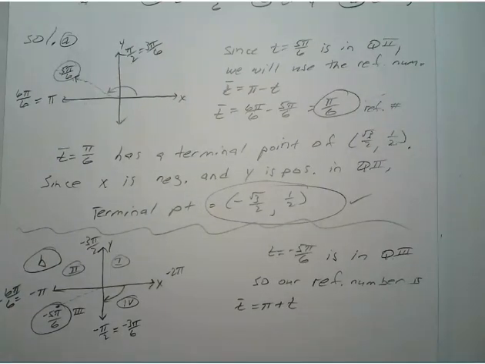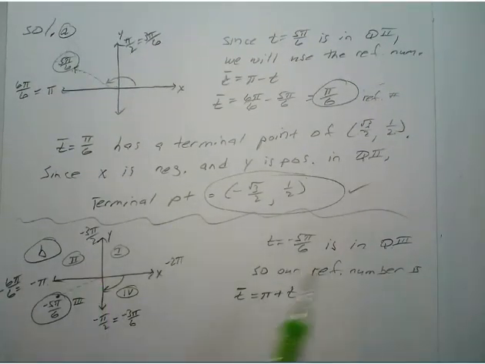Now if you notice, last time we had something in quadrant 3, it could be either π plus t or π minus t. Okay, the reason is because sometimes t is going to be negative. When you're going negative in this way, you're going to use π plus. If you're going this way, it's going to be π minus. Okay, so that's why it could be really either or. It all depends on whether or not your t-value is positive or negative.